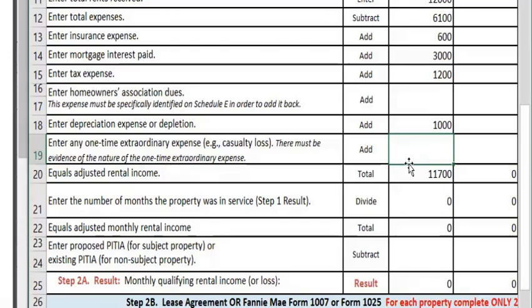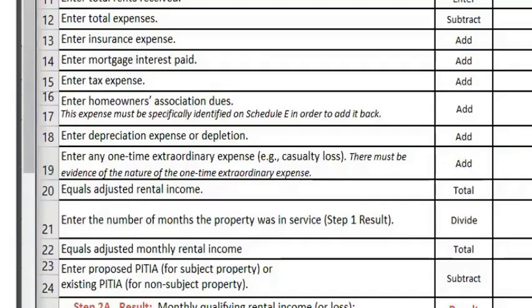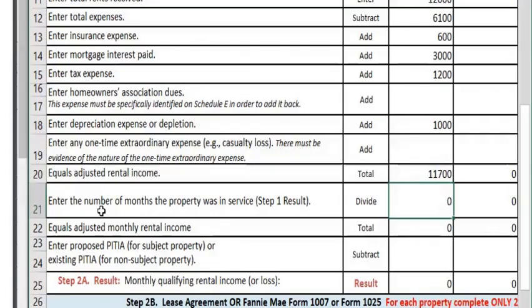So we can add back $6,000. This time a window was broken and that was an expense, but we know the window is not going to be broken next year, so we can add that back.